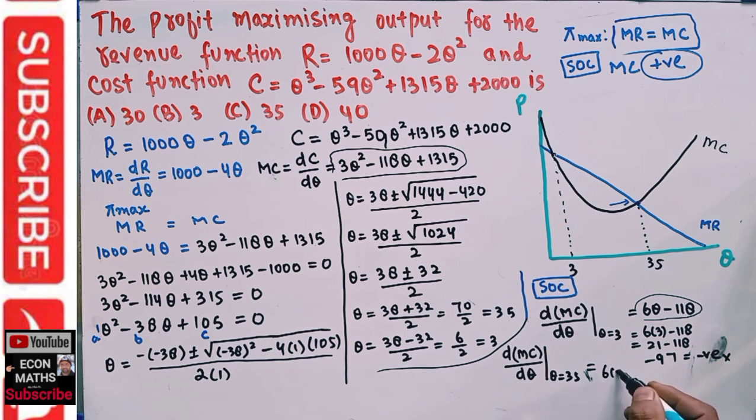So we have 6 into 35 minus 118. At this point it comes out to be a positive number.